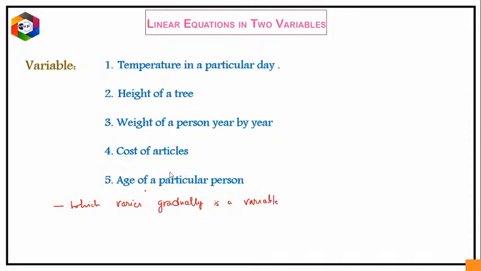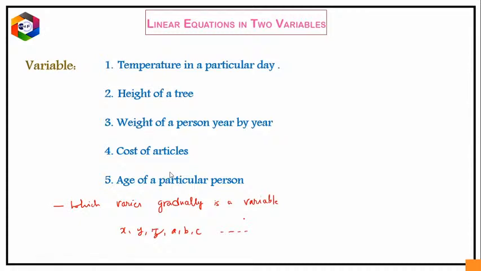If it is a constant or a fixed value, we use a number. If it is a variable, then what do we have to use? Instead of numbers, we use alphabets. Small letters in general, that means small x, small y, small z, a, b, c. So small letters of the alphabet are used to denote variables.